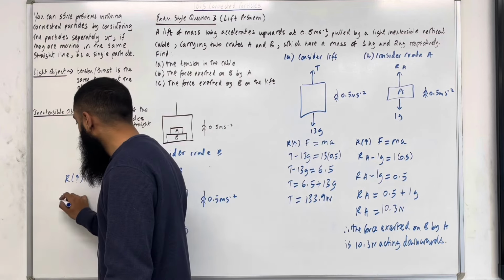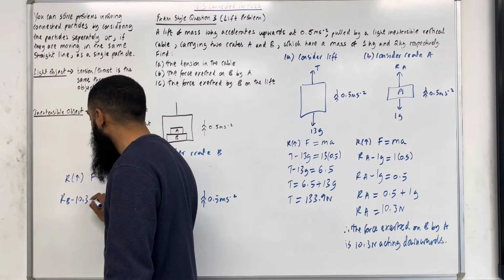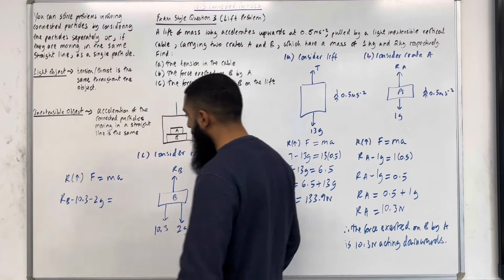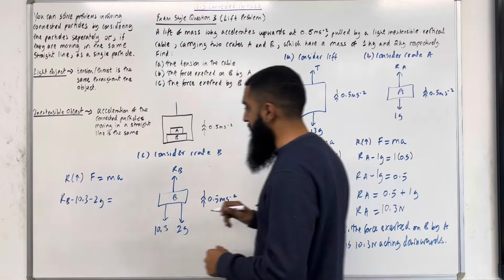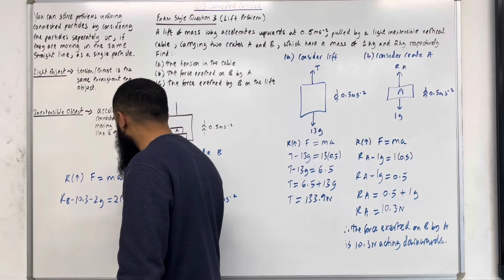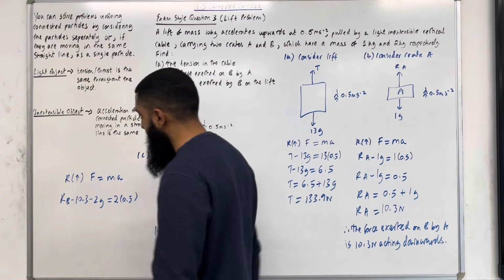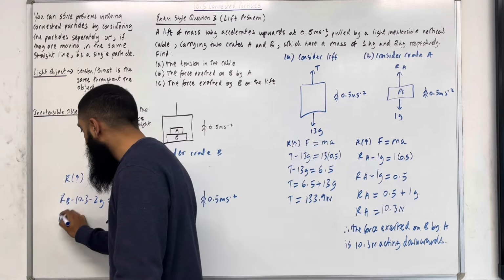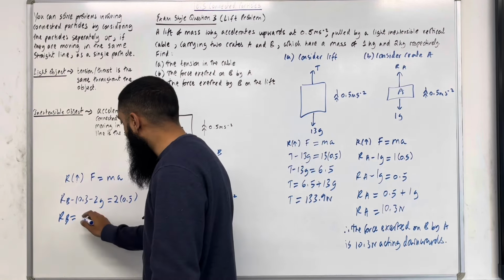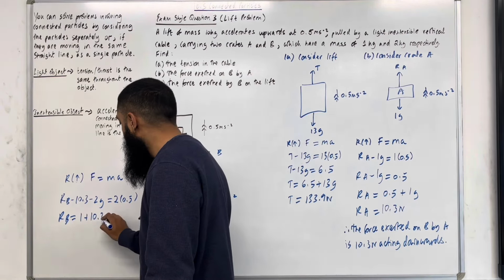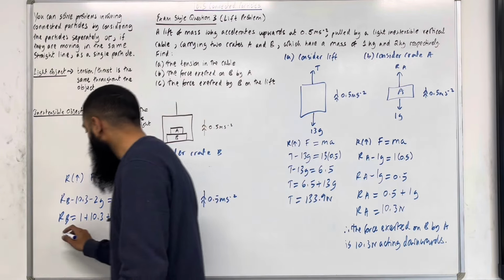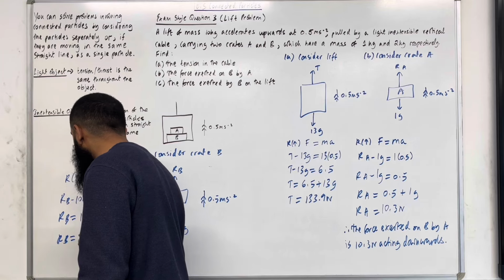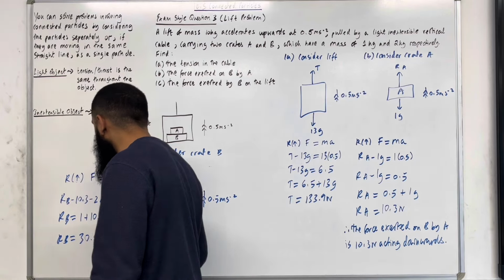So we've got RB minus 10.3 minus 2g equal to the mass of crate B, which is 2, multiplied by the acceleration, which is 0.5. Okay, so I've got RB is equal to 1 plus 10.3 plus 2g. And if I substitute g equals 9.8, I get RB is equal to 30.9 newtons.